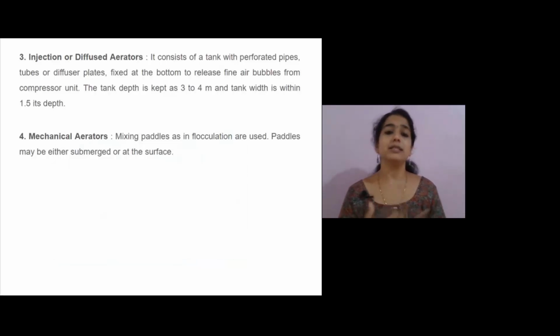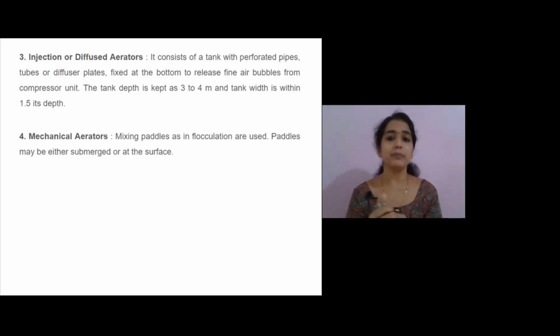Then the third one is injection or diffused aerators. It consists of a tank with perforated pipes. What are perforated pipes? The pipes with lots of holes. Perforated pipes, tubes or diffuser plates fixed at the bottom release fine air bubbles from a compressor unit, likewise in a fish tank or in an aquarium.